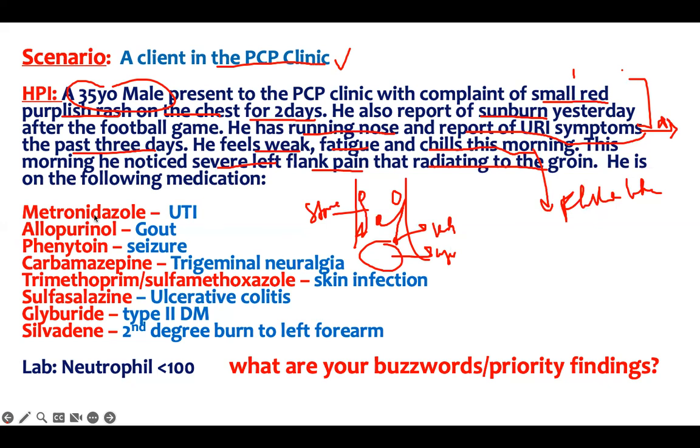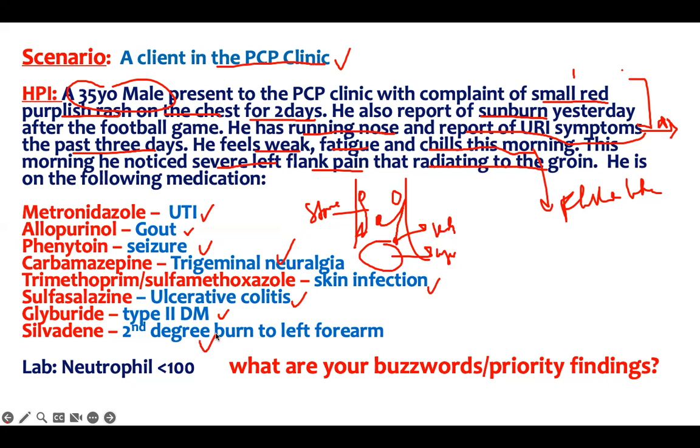He is on these medications: metronidazole for UTI, allopurinol for gout, phenytoin for seizure, carbamazepine for trigeminal neuralgia, trimethoprim-sulfamethoxazole for skin infection, sulfasalazine for ulcerative colitis, a drug for type 2 diabetes, and Silvadene that is used for a second-degree burn to the left forearm.